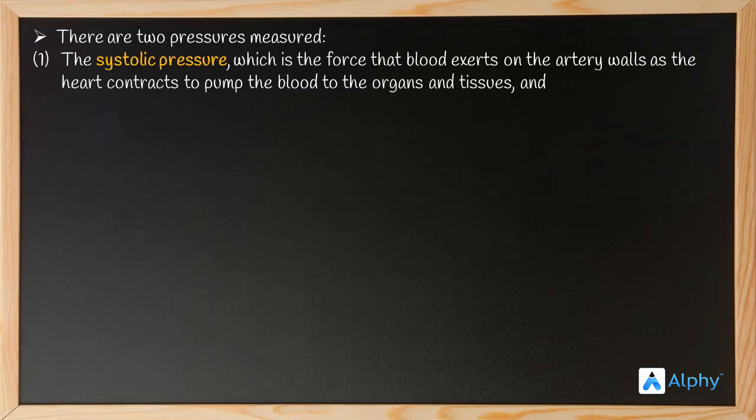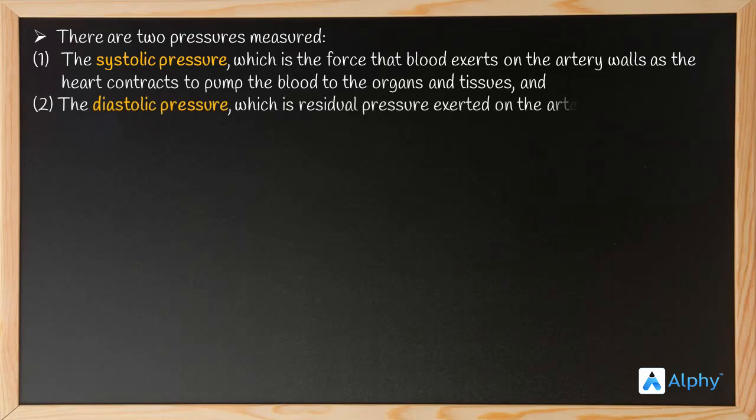Now moving to the next pressure, which is the diastolic pressure, the residual pressure exerted on the arteries as the heart relaxes between beats. Okay, we know the word residual means something which is left out. So, in the following step, when our ventricles relax and receive another supply of blood from the atria, it will be called ventricular diastole, or we can say ventricular relaxation, right?